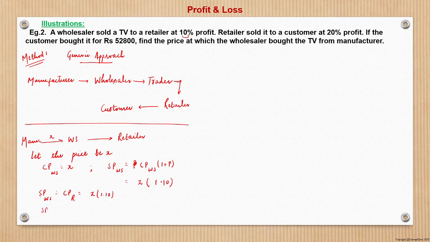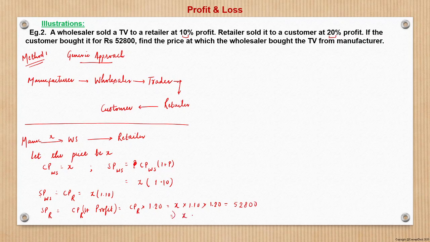So what will be the selling price for the retailer? That will be the cost price for the retailer plus the profit, or we can say cost price for the retailer into 1 plus profit, which means 1.20. CPR we know is X into 1.10, and then again we multiply by 1.20, and this has been given as 52800.